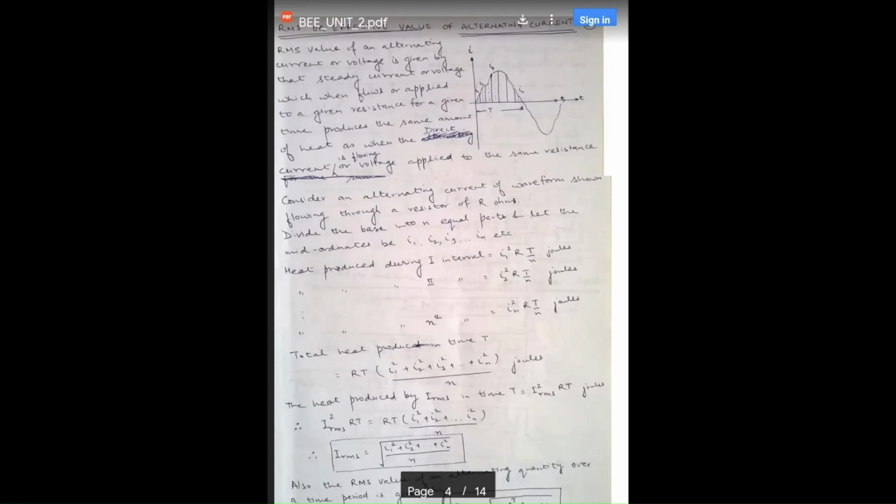So what actually is this RMS current? The RMS value of the alternating current or the voltage is given by the steady current or the voltage which, when flowing or applied to a given resistance for a given time, produces the same amount of heat as when the direct current is flowing or voltage is applied to the same resistance. What does that mean?